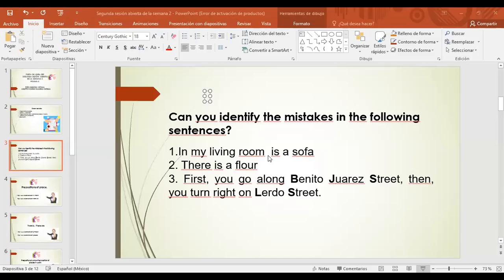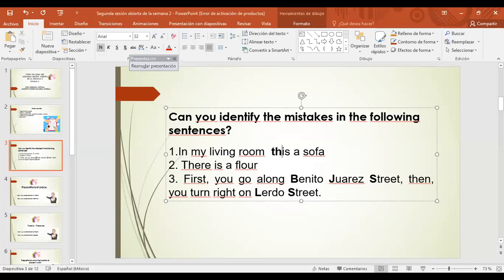Entonces, ¿cuál sería la corrección de la primera? Simplemente le agrego el there. There is. ¿Cuál es la corrección de la segunda? Le quito el a porque es un sustantivo no contable. O también puedo hacerlo como there is some flour.